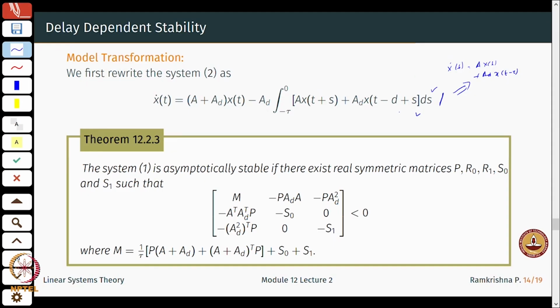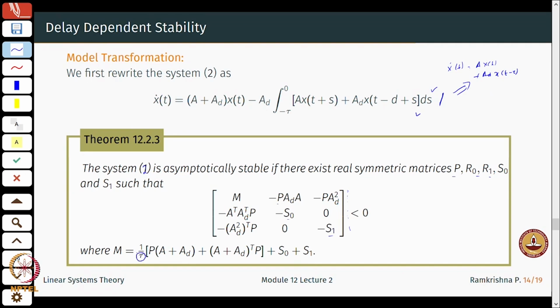So, this system is asymptotically stable. Okay, it should be 2 here. If there exist matrices of this form such that I have an equivalent LMI which looks like this, right. So, unknowns here are P, S0 and S1, where M has this term tau now.